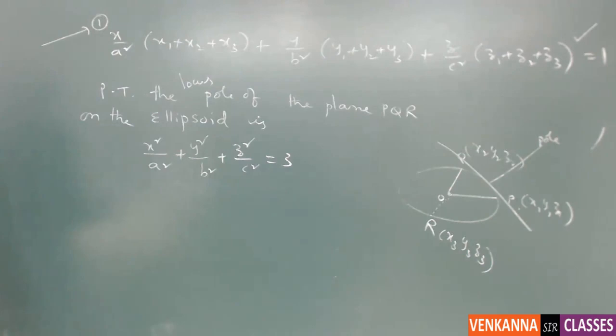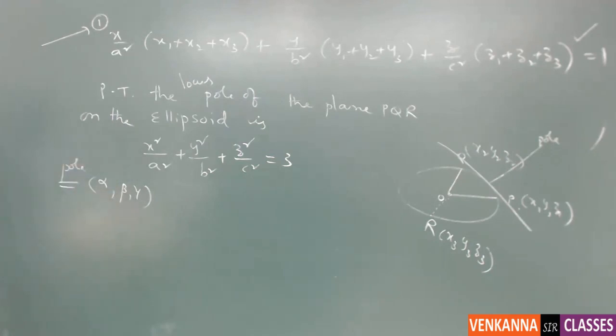Now, let us take that the pole is alpha, beta, gamma. This is the pole. So as per the problem data, we have to show that the locus satisfied by this pole is nothing but this equation.